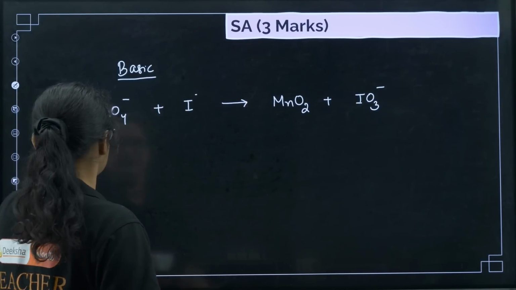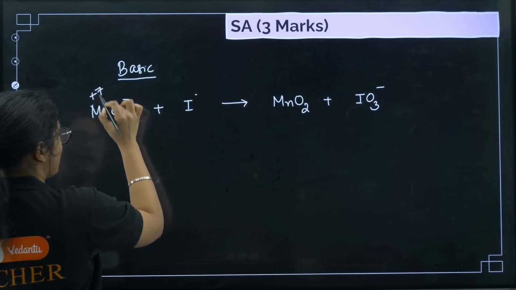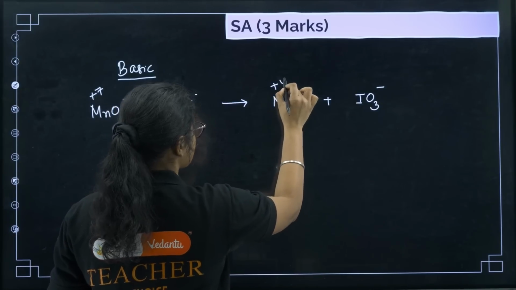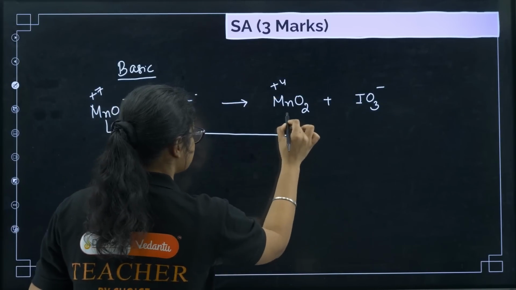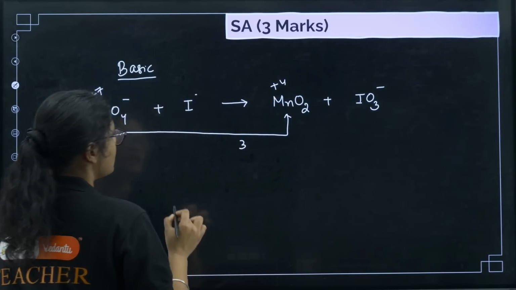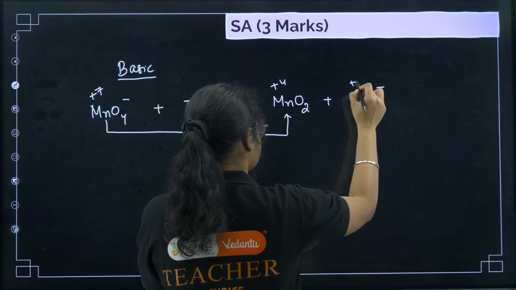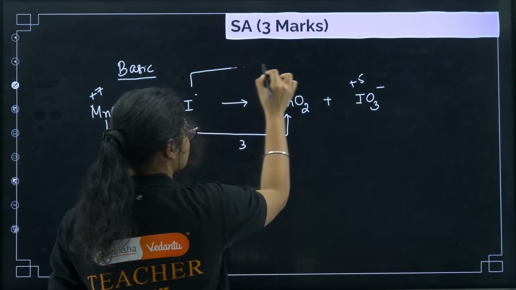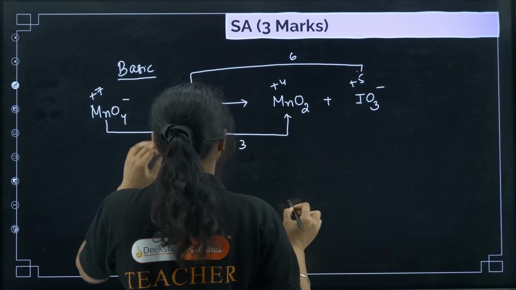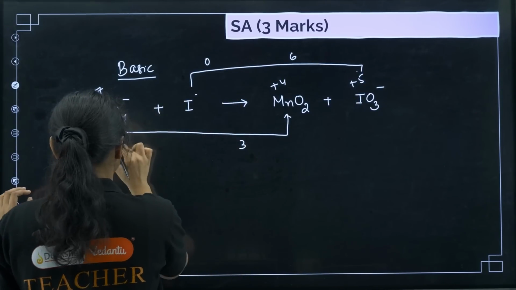Now if I check this, this is plus 7 definitely, and here if you see, it is plus 4. So here it is 3 electrons, right? Now here it is I minus, and here if I see, X minus 6 minus 1, so this is plus 5, right? So I have here 6 electrons, okay? So this is oxidation and this is reduction.